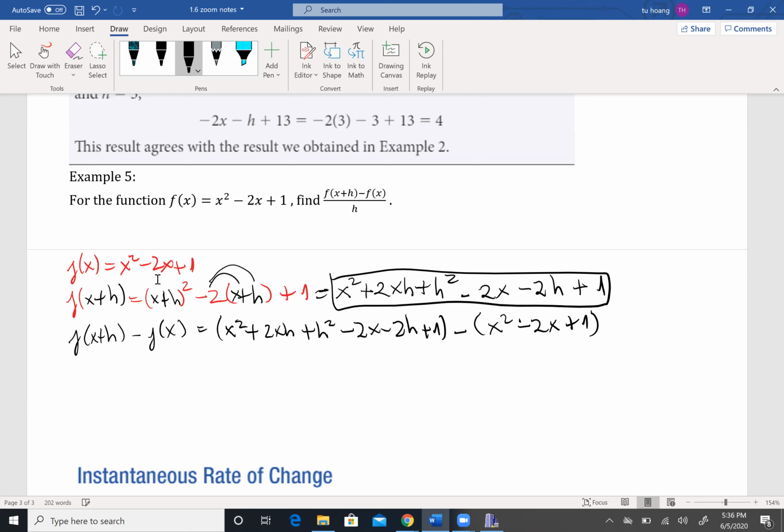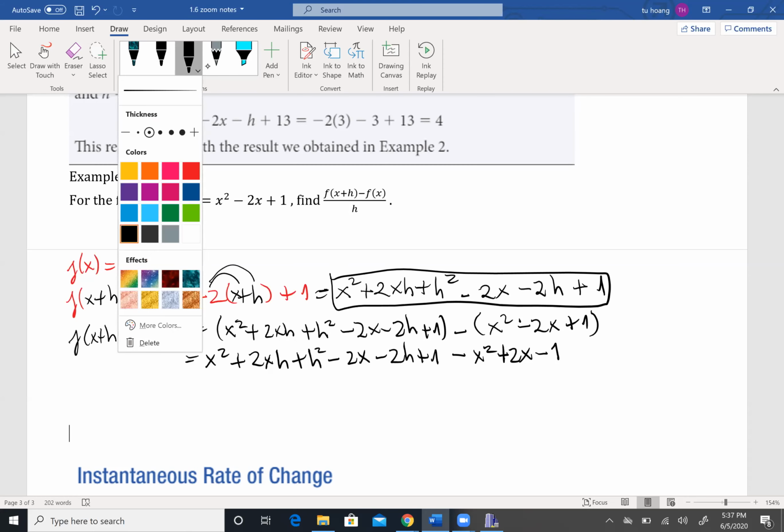Remember that you should put parentheses before putting in the f(x). Now you need to open it. So x squared plus 2xh plus h squared minus 2x minus 2h plus 1 minus x squared plus 2x minus 1. Okay, so now it's time to combine the terms.